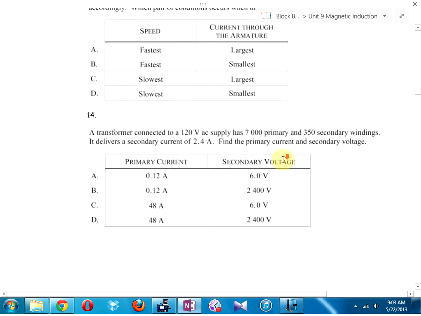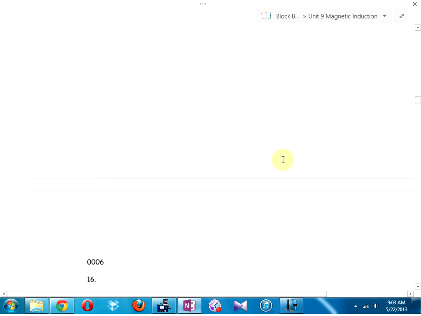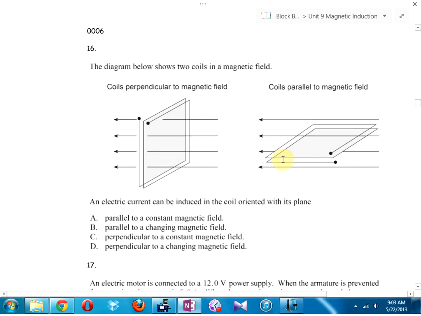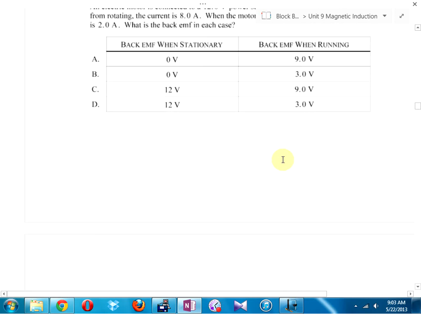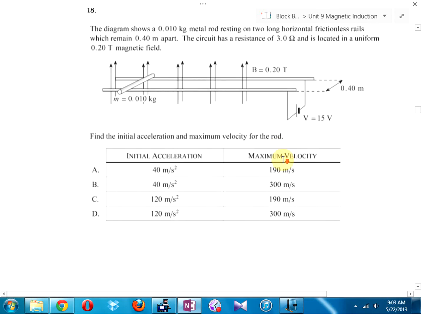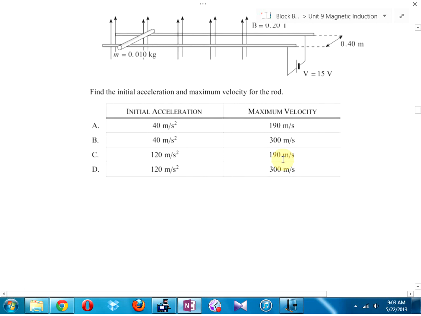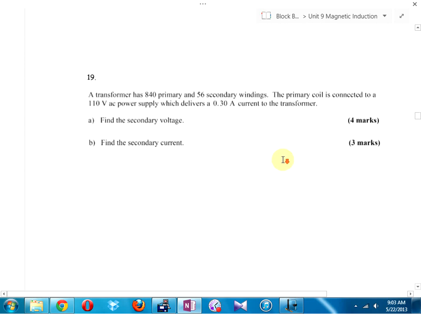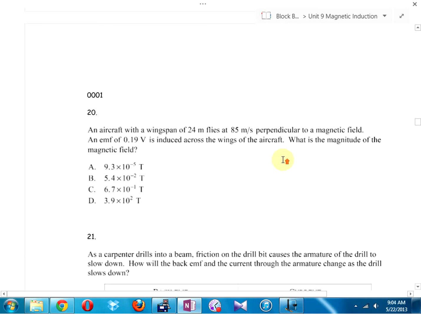Nope. Nope. Nope. Good gosh, is there only one? No, it's got to be more than that. I know there was more than that, Mr. Dueck.